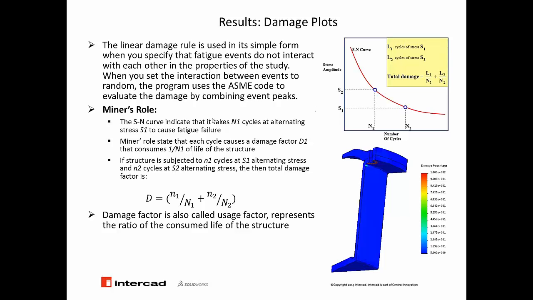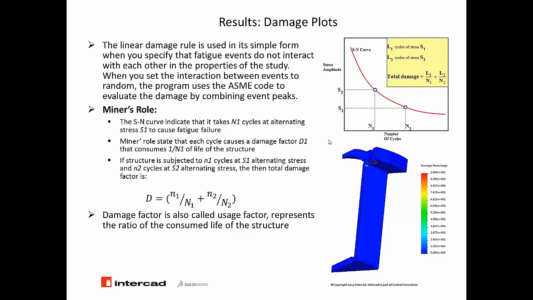The Miner rule is basically using the first concept of S-N curves, which indicate that it takes N1 cycles at an alternating stress of S1 to cause the fatigue failure. Now, the Miner rule states that each cycle will cause a damage factor of D1 that consumes 1 over N1 of the life of the structure.